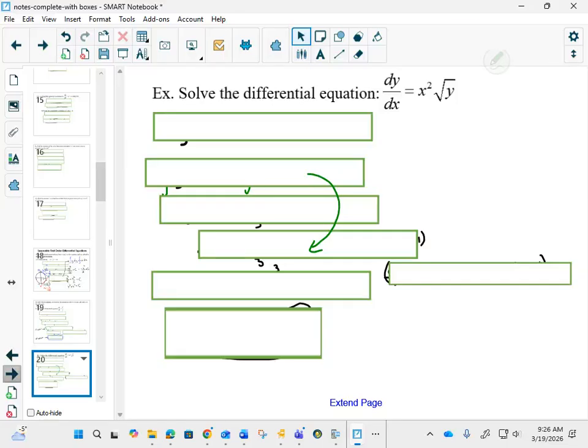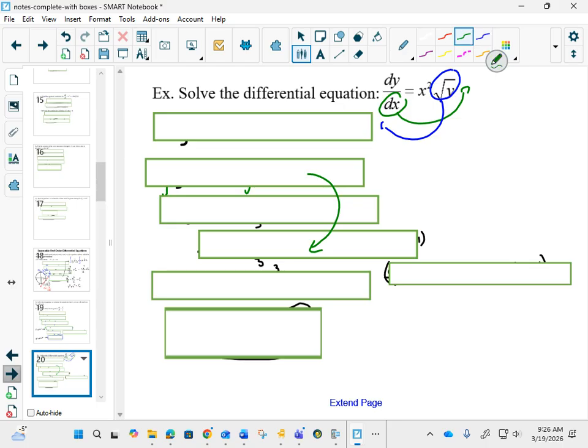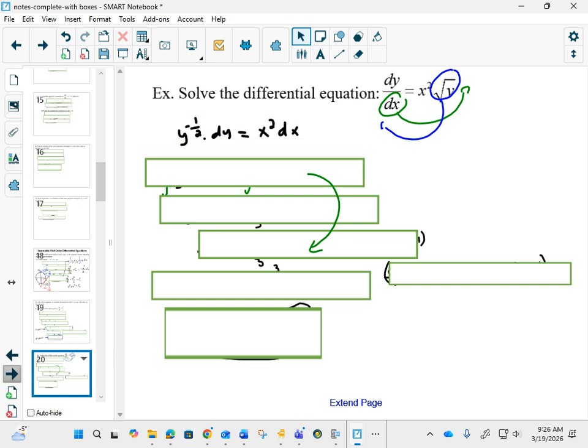So in this case, I need to move this dx up to the top over here, which means I'm going to need to move this root y over to the left side. If I do that, I'm going to get a square root of y on the bottom, which is the same as y to the negative a half.